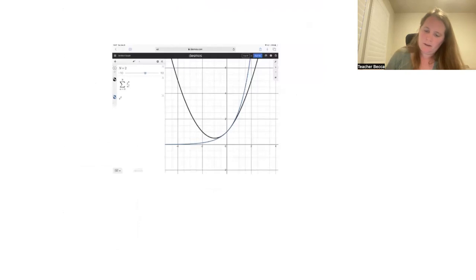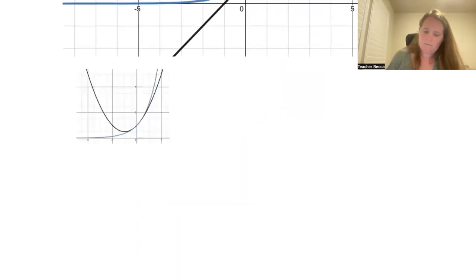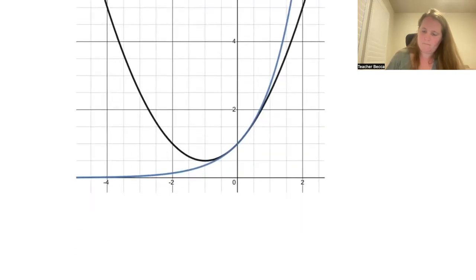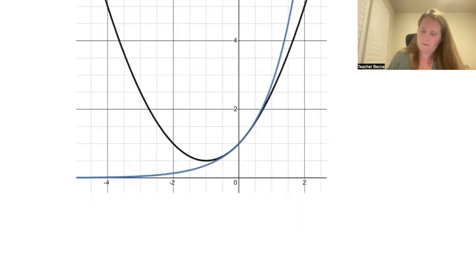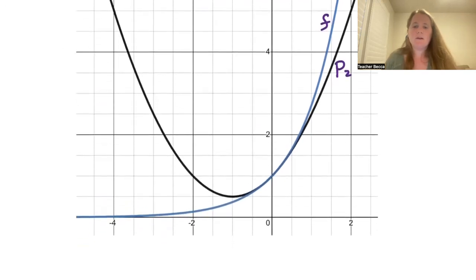Then if we look at our P2, and we have our P2 and e to the x, or f, and they're looking pretty close, from about -0.5 to 0.5.